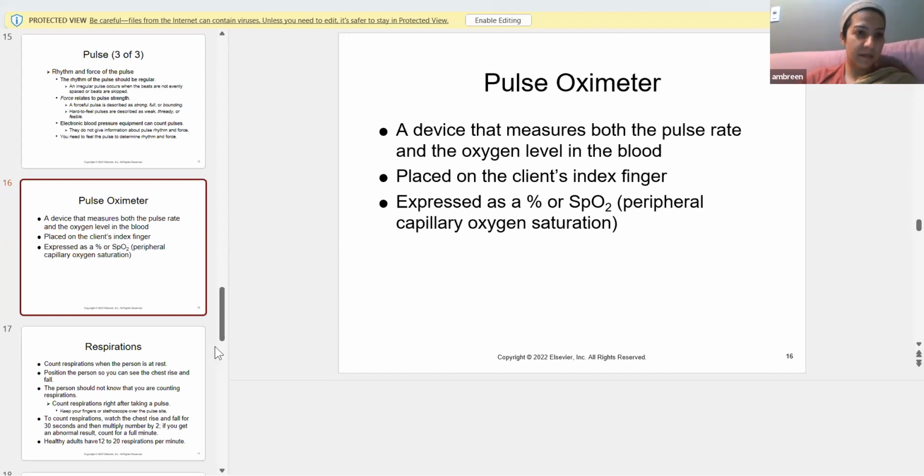Oxygen will kill them. They live more on carbon dioxide. That's why, for everybody else you can give oxygen, but for asthmatic, for COPD, we do not put oxygen directly.